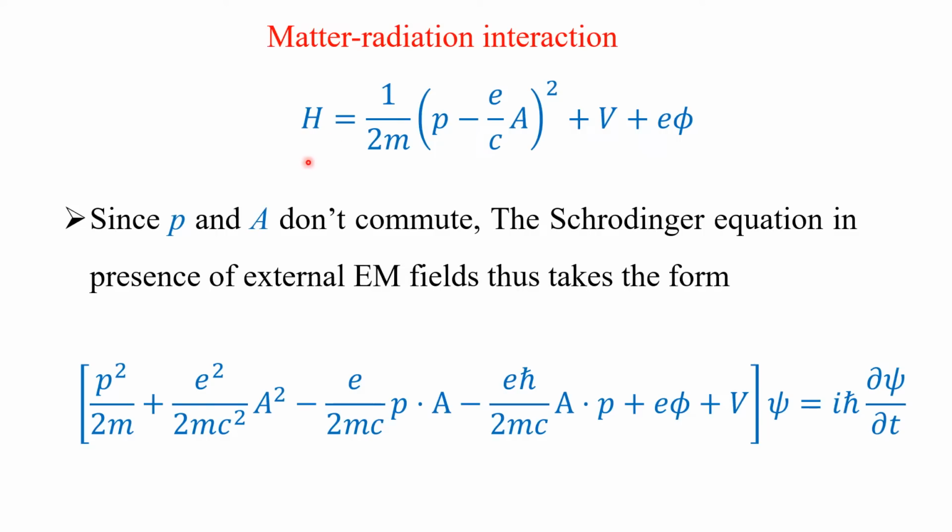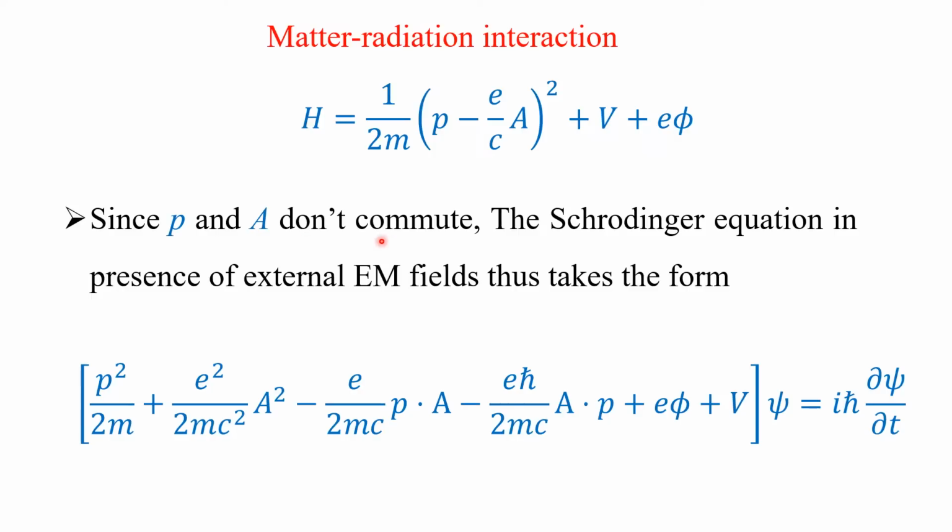So, in the presence of an electromagnetic field, the Hamiltonian is equal to, as I said, 1 over 2m (P minus (e/c)A) whole squared plus V plus eφ.